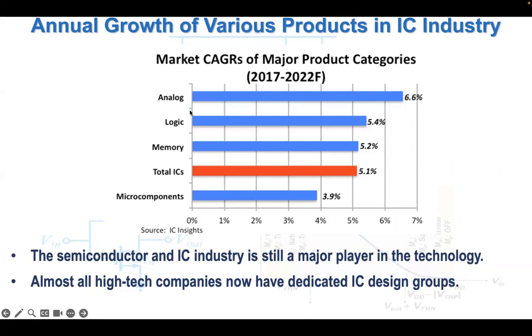You see that for many IC companies, analog product constitutes a big portion of the products that they are offering to the market. The semiconductor IC industry, therefore, is still a major player in the whole US economy and the global market. Almost all high-tech companies now have dedicated IC design groups.